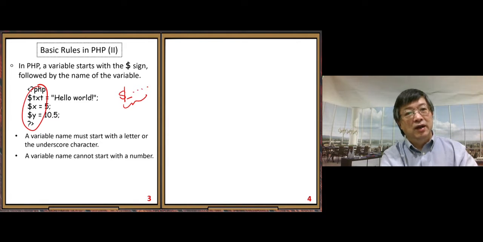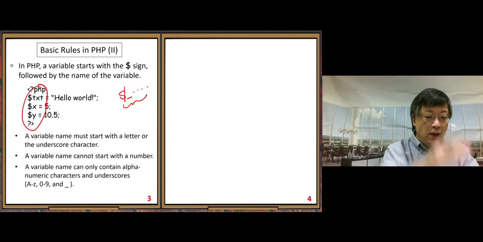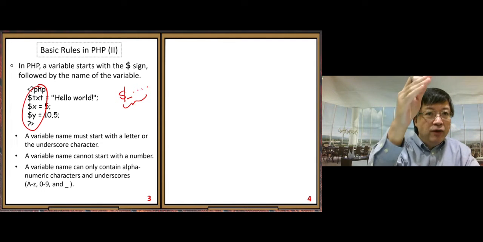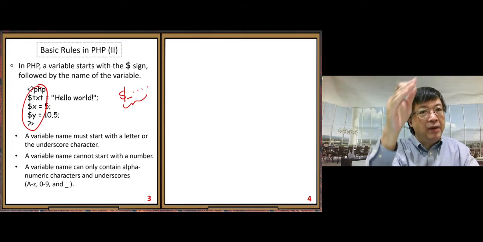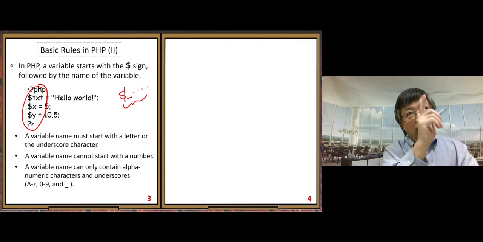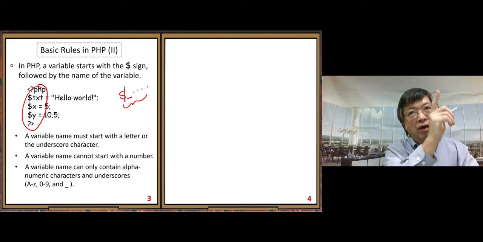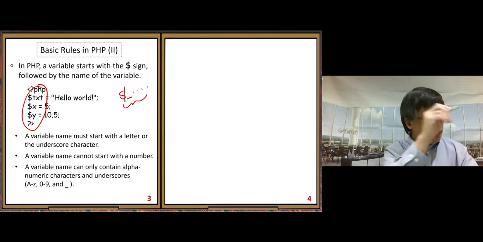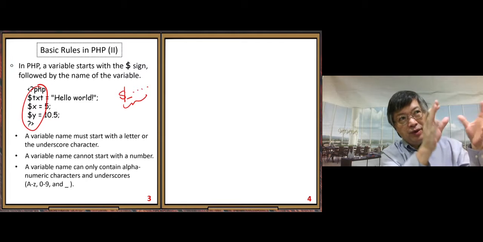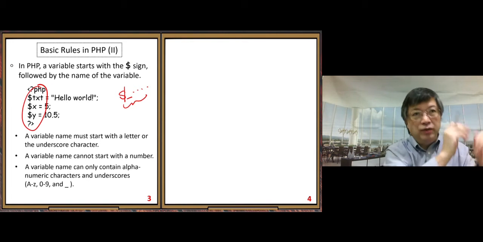All right. Next, a variable name can only contain alphanumeric characters and underscores. The only character that is not alphanumeric is the underscore, because we have some special reason to use that. At the beginning, we want to make it look special.